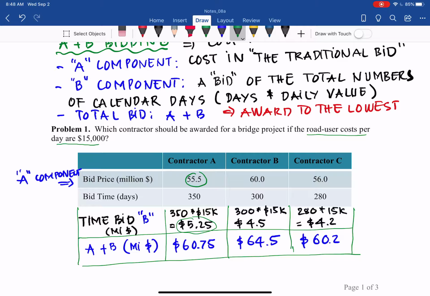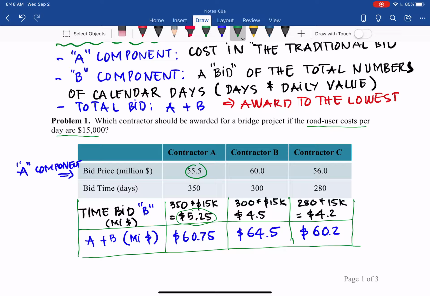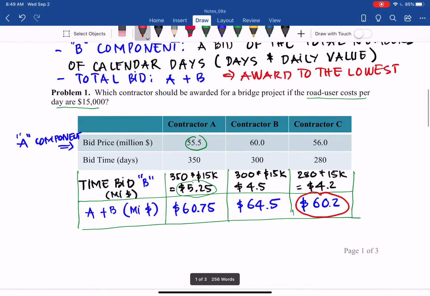Now if A plus B bidding, we select the lowest A plus B. So as you can see in this case, we will select contractor C, which is $60.2 million. That is what the law is.